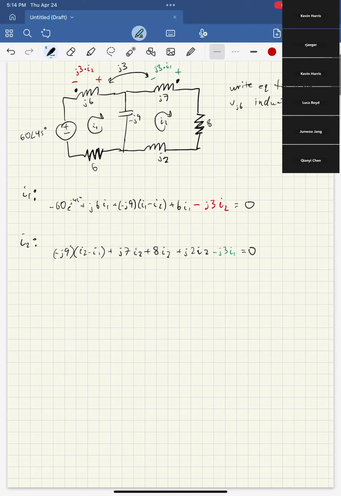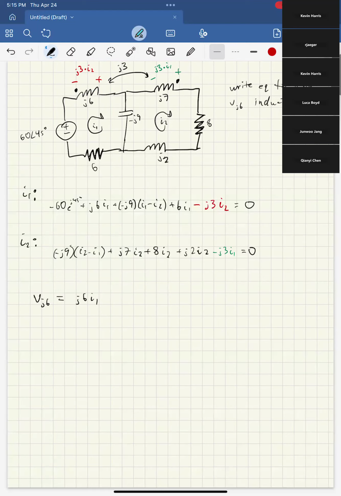And then the final thing, we have to find V across the J6 ohm. So the naive approach is, it's just going to be J6 times I1. However, this is not the whole story because we also have this extra voltage on top of it, right? So how do we deal with that? Well, you just add them together, right?